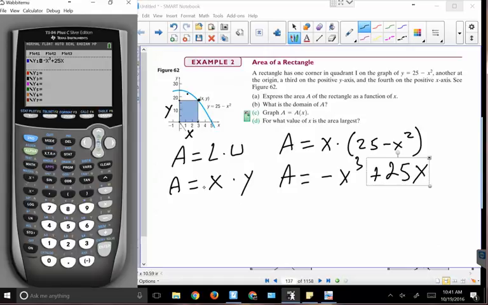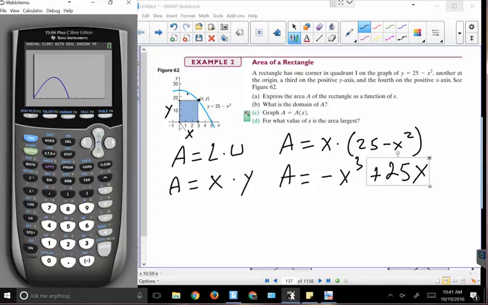Okay? So that line graph, the actual graph itself that's going here, this is representing the various areas based upon what the width of this is. And the width is dictated by this function.